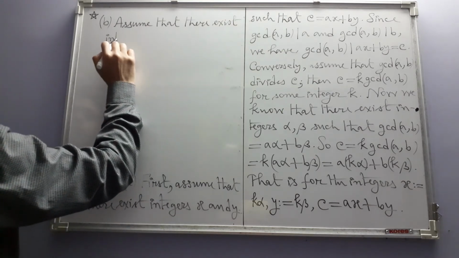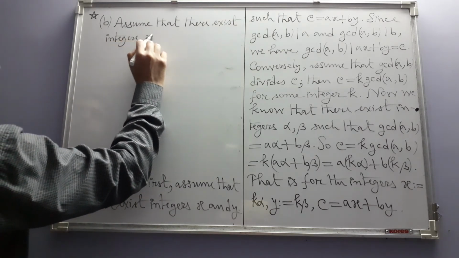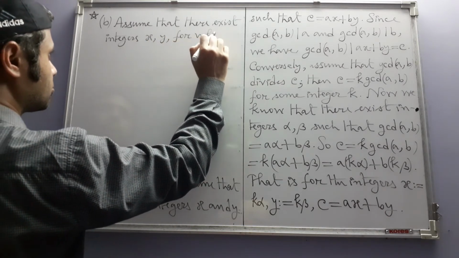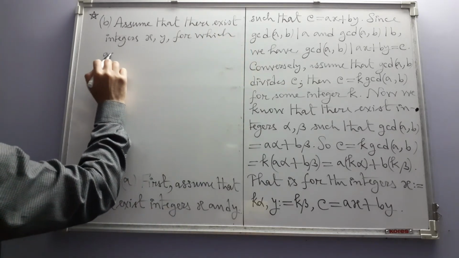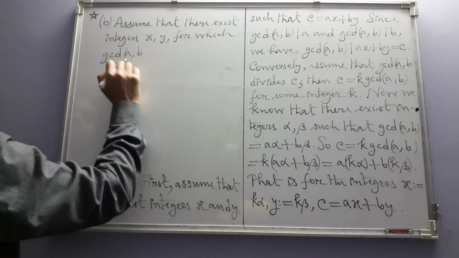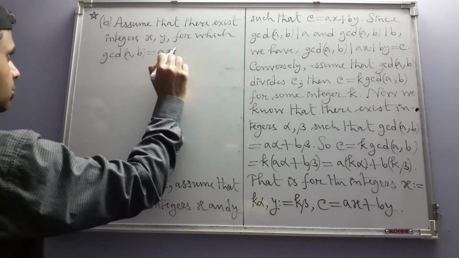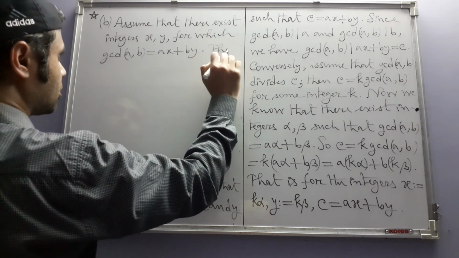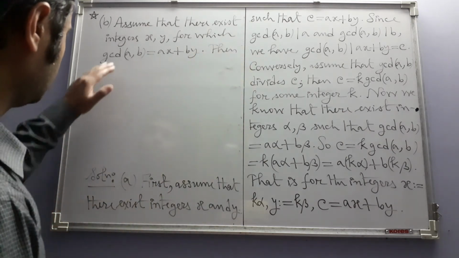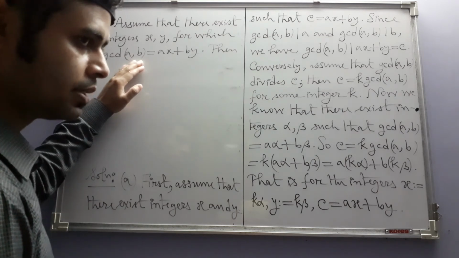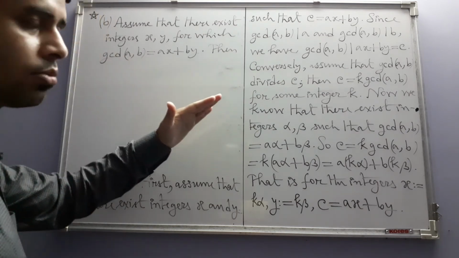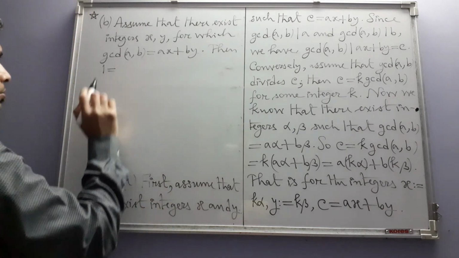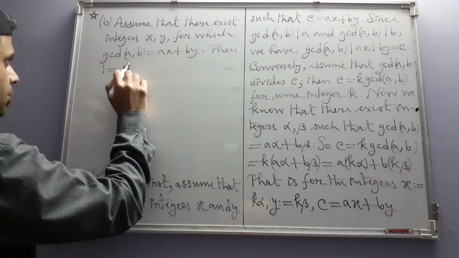Assume that there exist integers x and y for which this is equal to ax plus by. Now what we do, we know that GCD is a positive integer. It is not 0, so we can divide on both sides by GCD, and we write it like this.